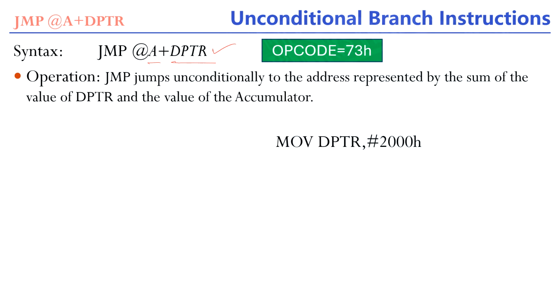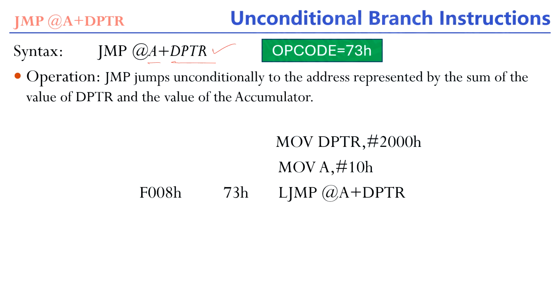Let us consider first we load DPTR with some 16-bit number, 2000. A is loaded with 10H. One more important thing is that it occupies only 1 byte in memory. So this is the address of this instruction, and this is the opcode. While executing this instruction, the PC will have only 09.